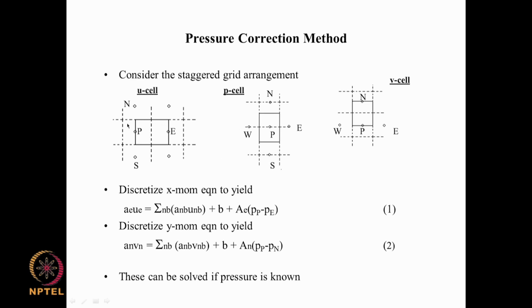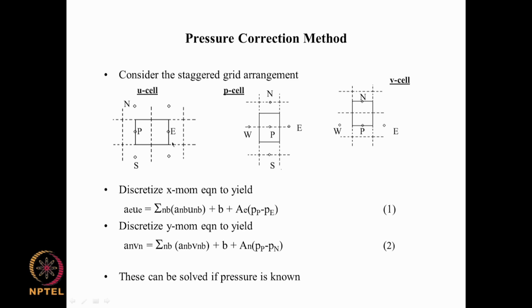When we are looking at solving the x momentum equation for u, we make a control volume which is centered around the east face of the P cell, and so the east face has the two immediate neighbors as capital P and capital E, and that is what we have here.